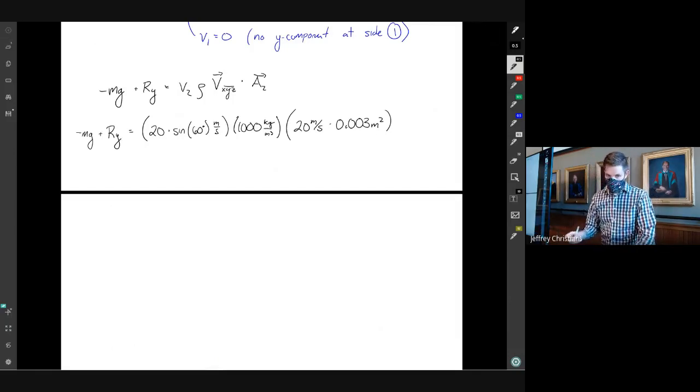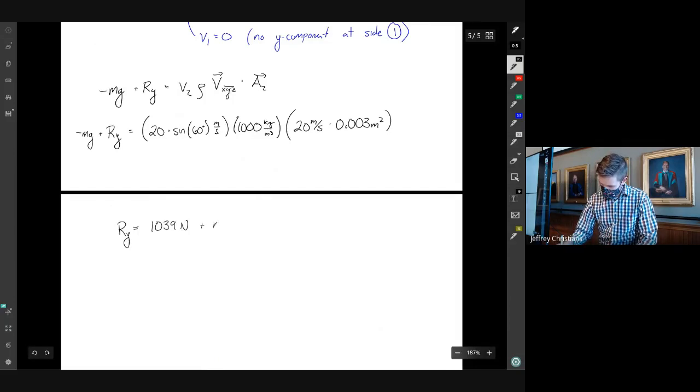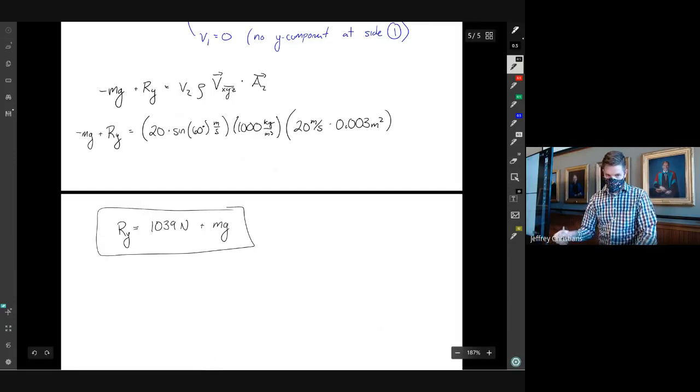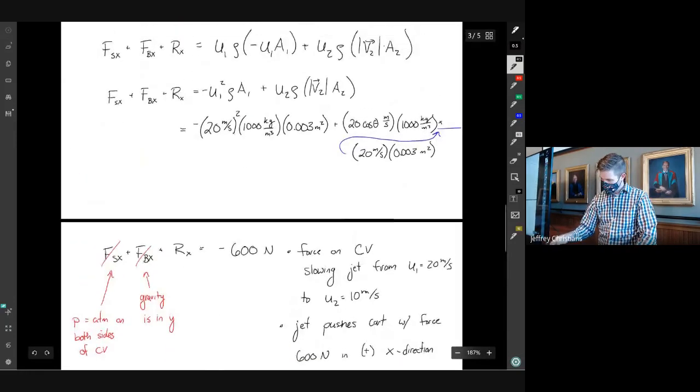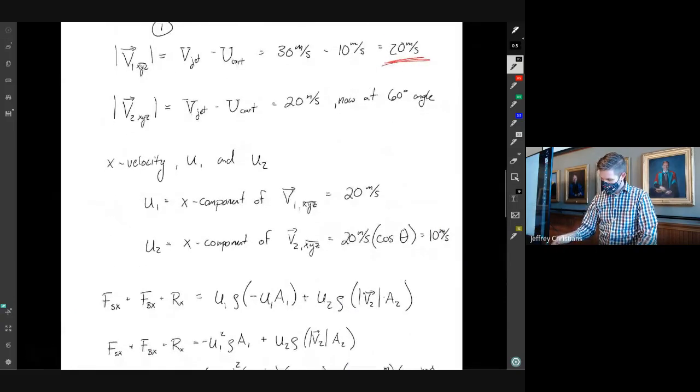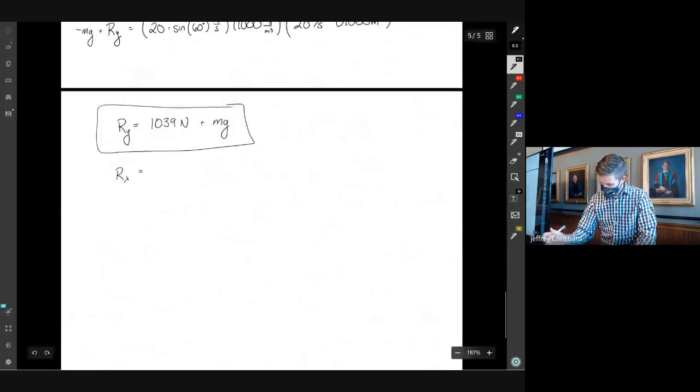So the reaction force is equal to the sum of that whole thing, so 1,039 newtons plus mg. And right, what was Rx? Was that 600? Minus 600, minus 600.